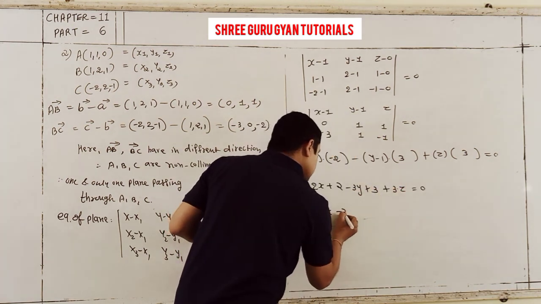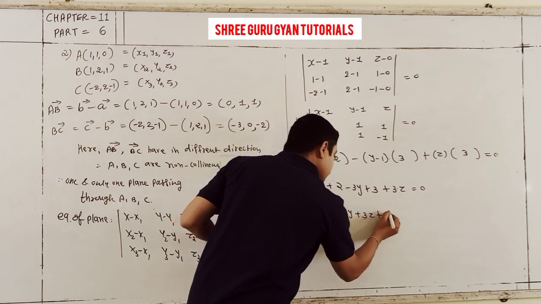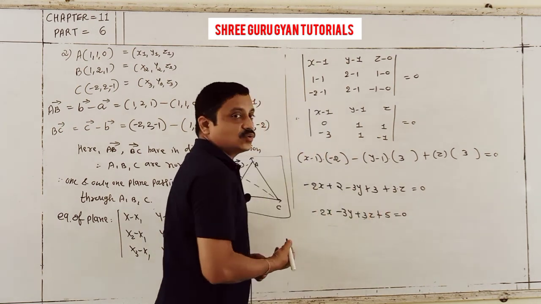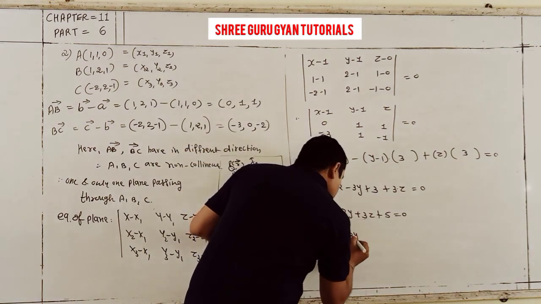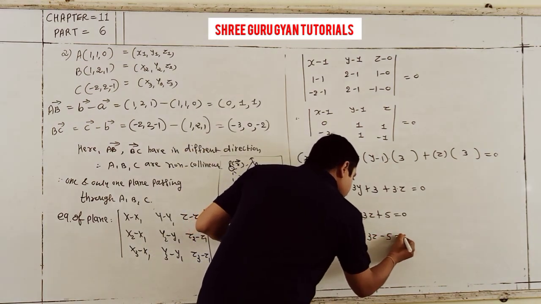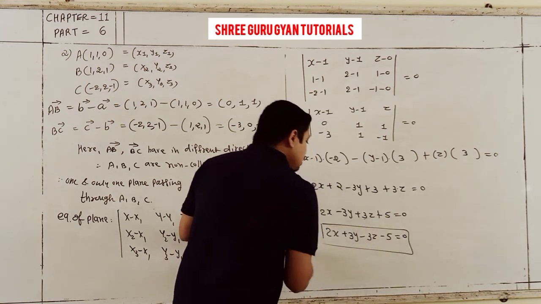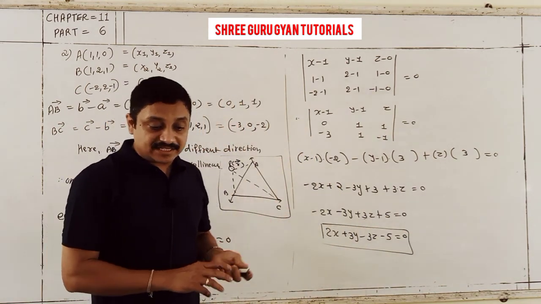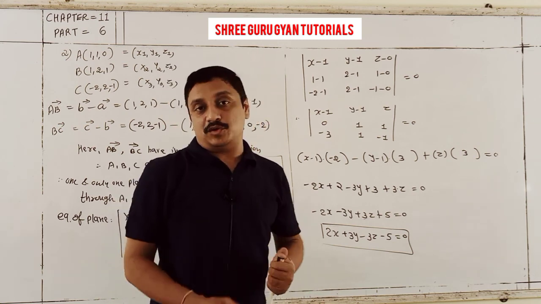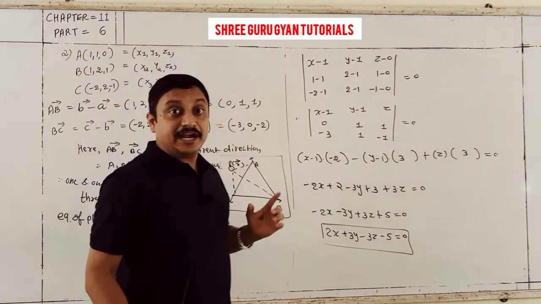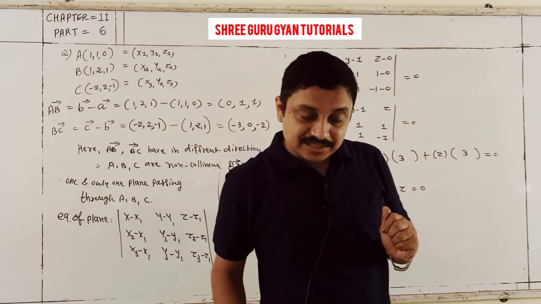So -2x minus 3y plus 3z plus 5, since 3 and 2 make 5. So my answer is 2x plus 3y minus 3z minus 5 equals 0. And here, students, this answer is 2x plus 3y minus 3z equals 5, as printed in your book. Yes, students, here I end this second question of question number 6.